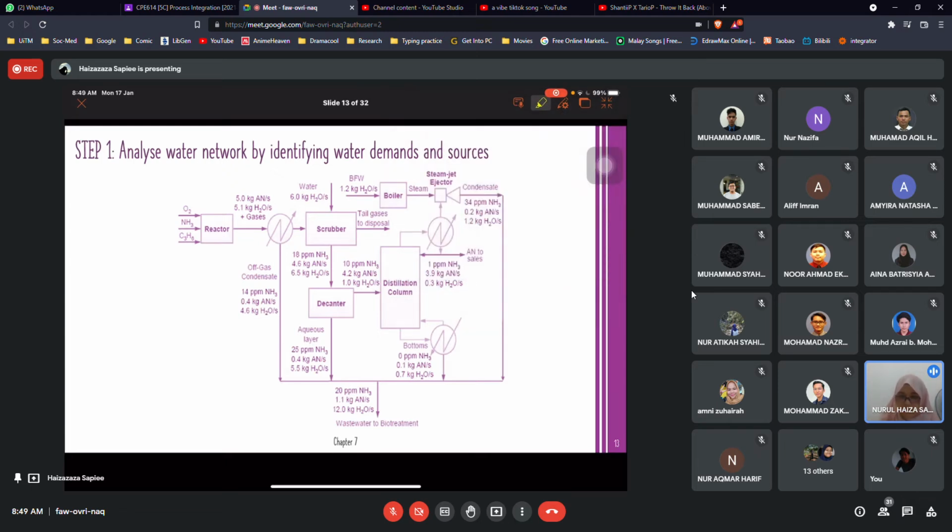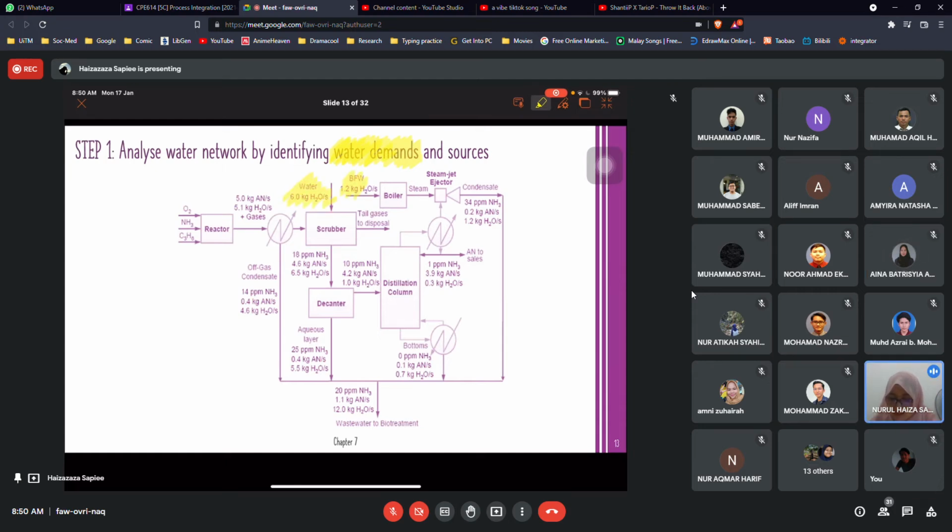So, mana water source dan mana water demand dia? Mana water demand? Baru je tengok last week. Boiler dengan scrubber. So here dengan here.